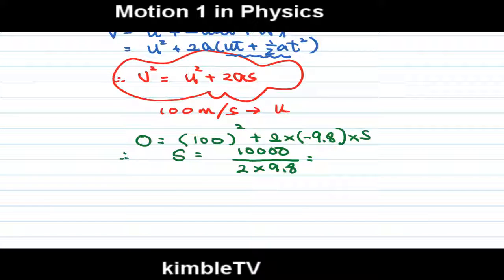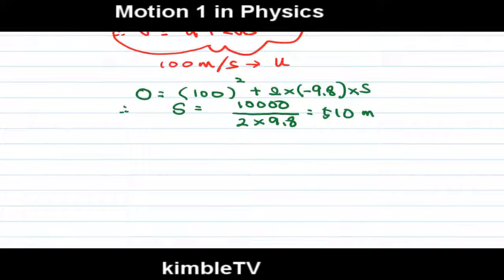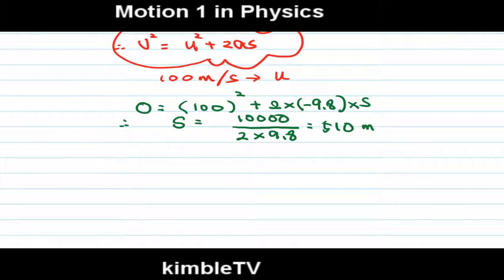I will calculate with a scientific calculator. 10,000 divided by 2 divided by 9.8 equals approximately 510 meters. So this object can reach the maximum point 510 meters.